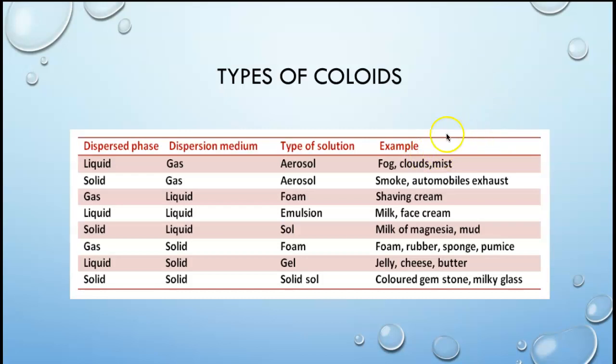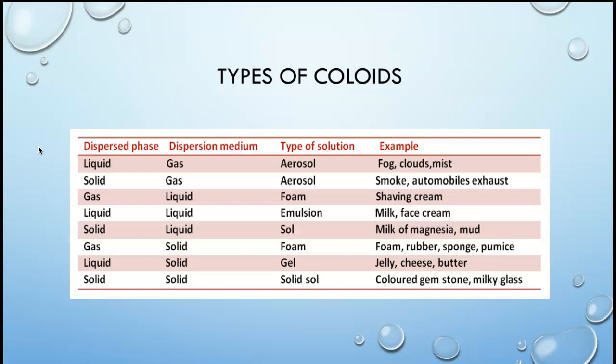You can have a solid dispersed in a gas, that's also an aerosol. So when you see smoke from a fire, that's because the particles of soot are dispersed throughout the air. You can have a gas dispersed in a liquid, that's called a foam. Shaving cream would be an example, whipped cream. You can have a liquid dispersed in a liquid, that's called an emulsion. You can have a solid dispersed in a liquid, that's called a sol.